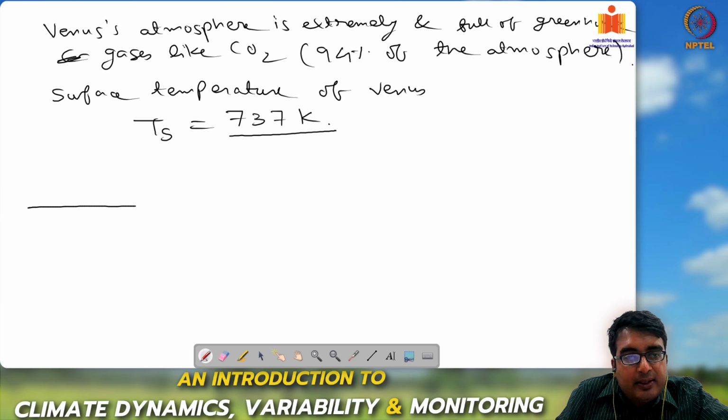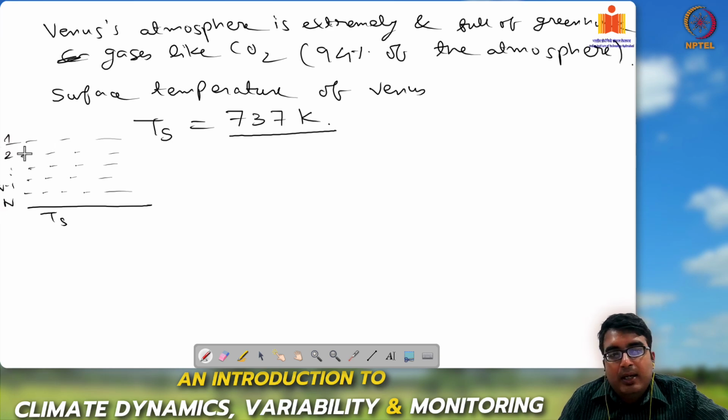So for Venus, if this is the surface, it has many perfectly absorbing atmospheric layers. So if this is n minus 1 going to 2 to 1, and this is the topmost layer, which is at the emission temperature that is being seen from space.